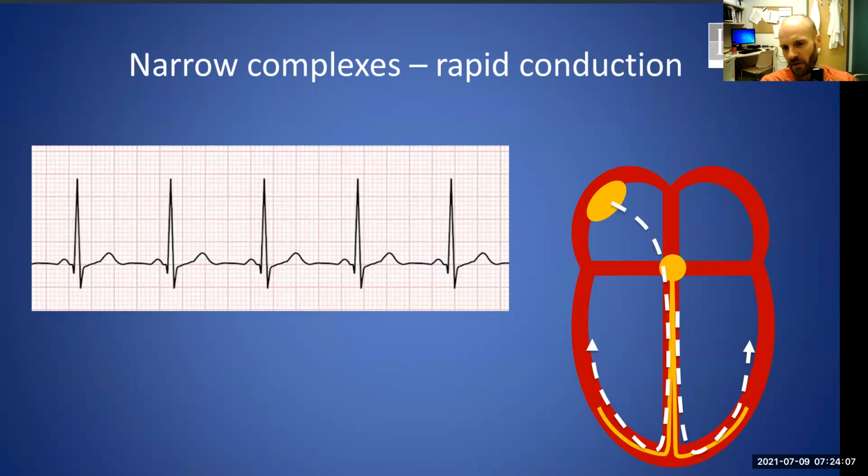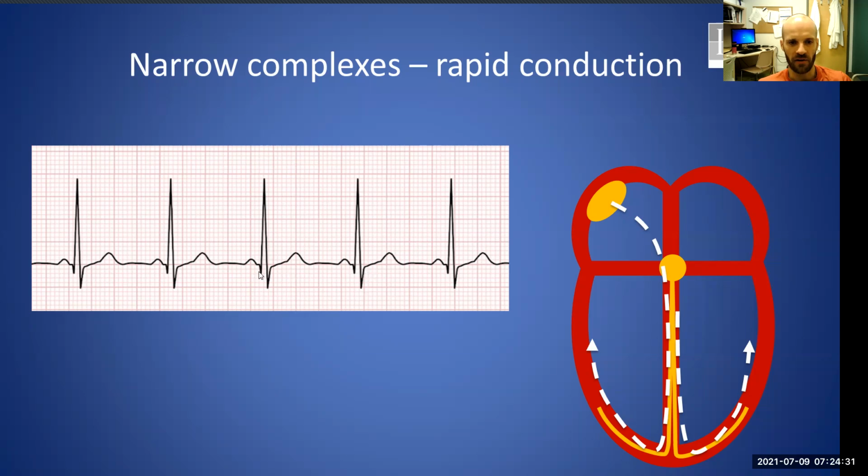So if we've got intact conduction all the way through, from our sinus node through our AV node, bundle of His, bundle branches, Purkinje fibers, we're getting rapid conduction all the way from top to bottom. Because of that, it only takes a very short amount of time from the start of ventricular depolarization to the end of ventricular depolarization. So that's marked as narrow QRS complexes.